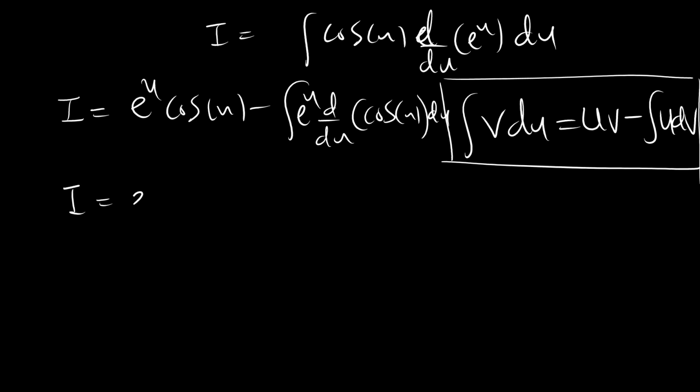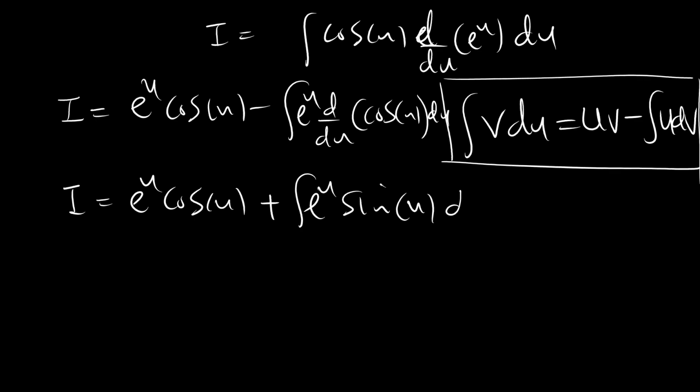So I is equal to e^u cosine of u minus the integral of, this is e^u sine of u du.